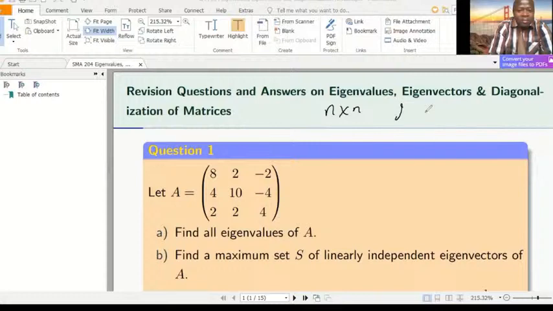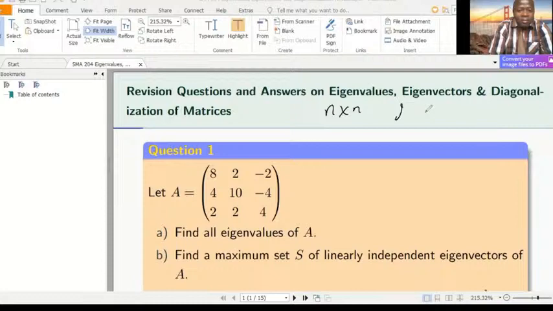So that is what we'll be looking at to tell if a matrix is diagonalizable. I'll be finding out if this n by n matrix has n linearly independent eigenvectors. In that case, it means you can find a non-singular matrix P such that P inverse times A times P gives us D, where D is the diagonal matrix and A is the matrix that we've been given.